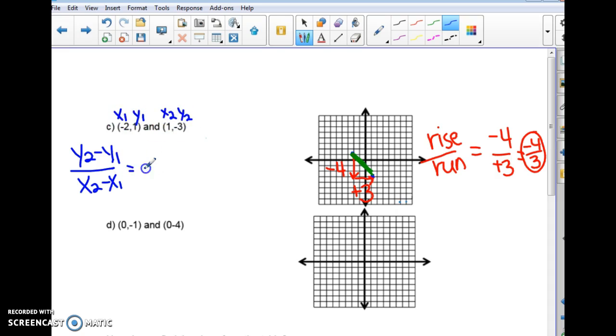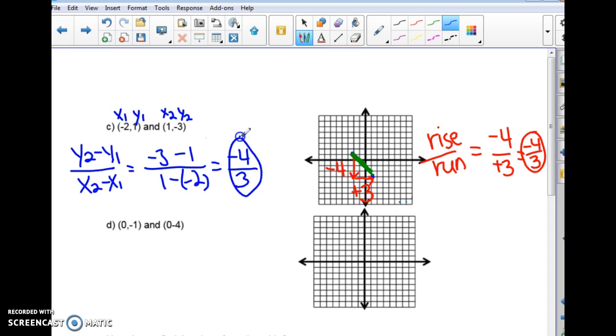And then I'm going to just write it down. y2 is negative 3, take away 1. x2 is 1, take away negative 2. Sign is very, very important, okay? So negative 3 minus 1 is negative 4 over 1 minus negative 2 is 3.